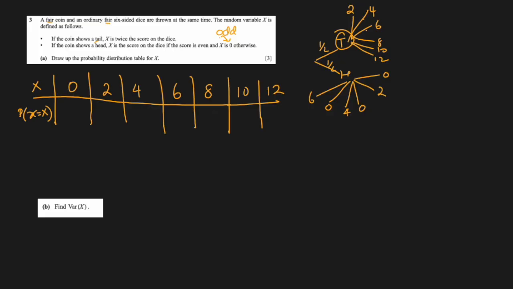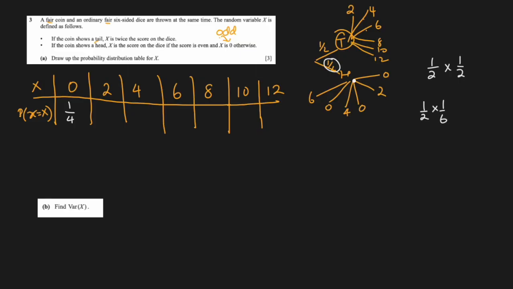So now let's see what are the probabilities individually. First for 0. First we'll get a head for that, so that means half, multiplied by 3 out of 6, that means half again. This is the probability of having a 0. Now, for 2, we'll get half and then 1/6.